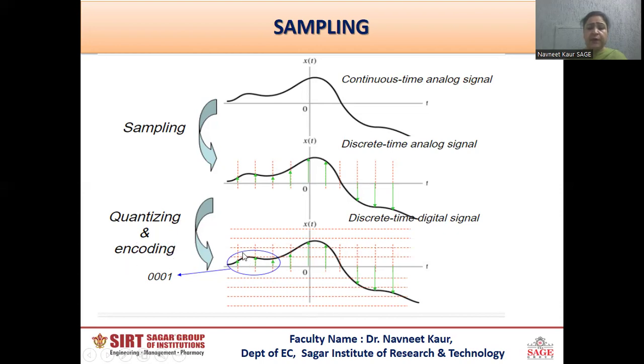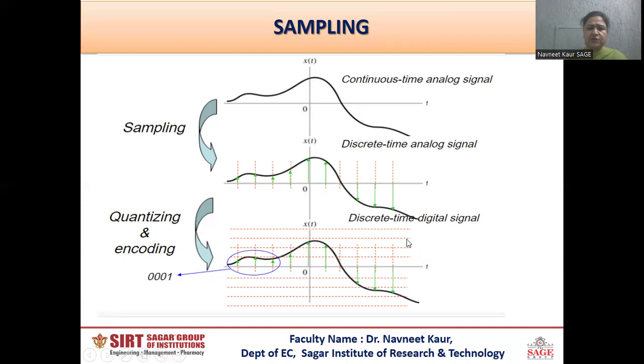Now, using this, I have divided my signal into different quantization steps. Each quantization step or level is assigned a fixed encoded value. If I have a sample at this point, I will approximate it to the nearest quantized level, say this red line. Now, this sample value will be given the encoded value corresponding to this quantized level.